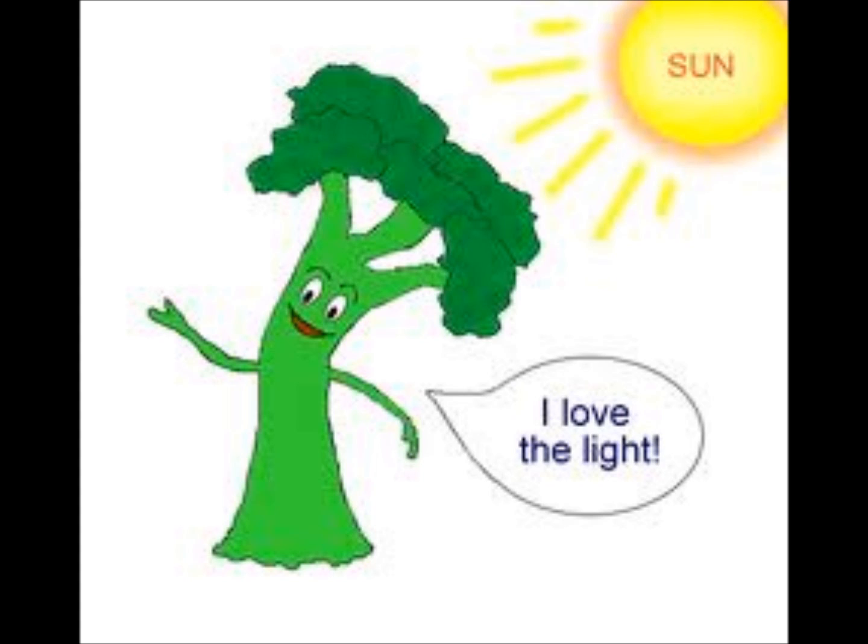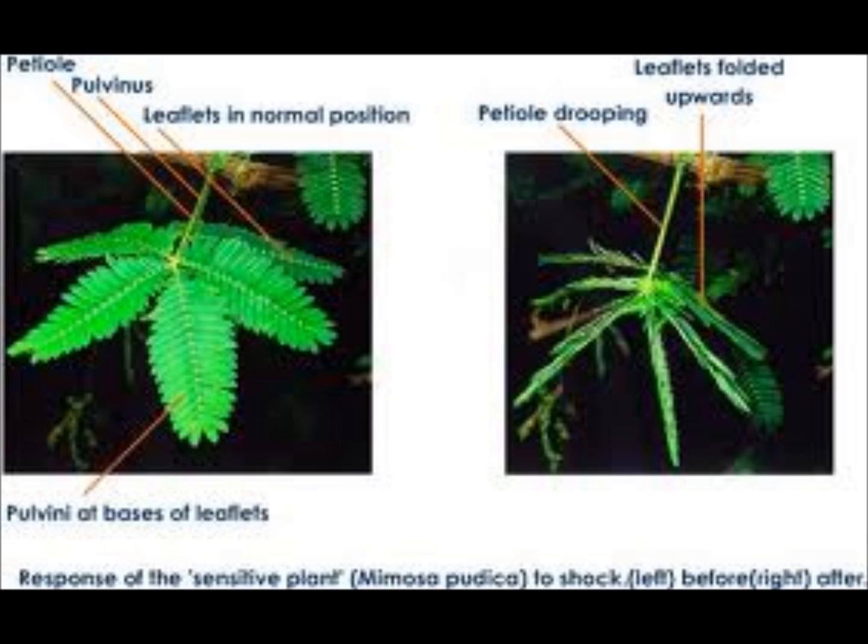The movement of a plant part whose direction is not influenced by the direction of the stimulus is called nasty. Based on the kind of stimulus accepted, there are several kinds of nastic movement, such as thigmonasty, photonasty, and thermonasty. Thigmonasty. Do you know the name of the plant that shows thigmonasty?